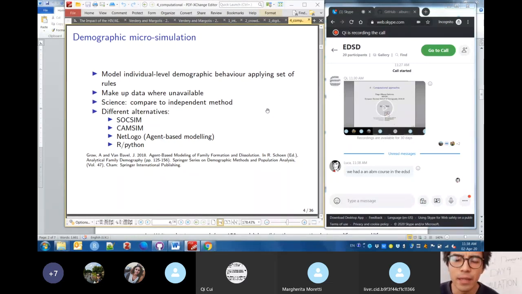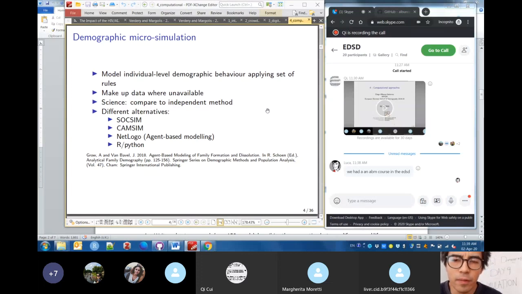In agent-based modeling, you have these agents in a model that you assign some rules of behavior, and then they act according to this, and you can analyze some outcomes that you're interested in.